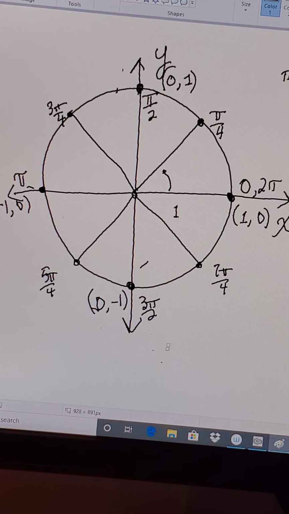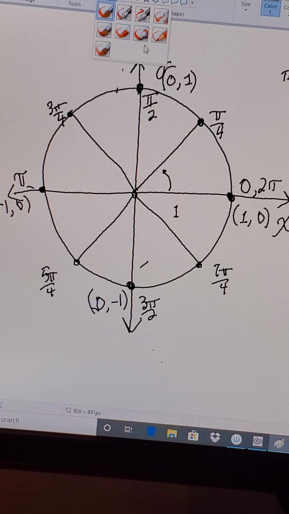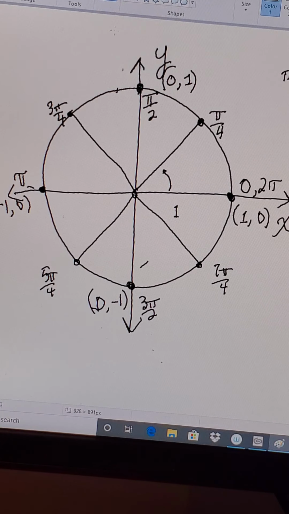You can observe that the only quarters that are there are odd: 1 pi over 4, 3 pi over 4, 5, and 7.